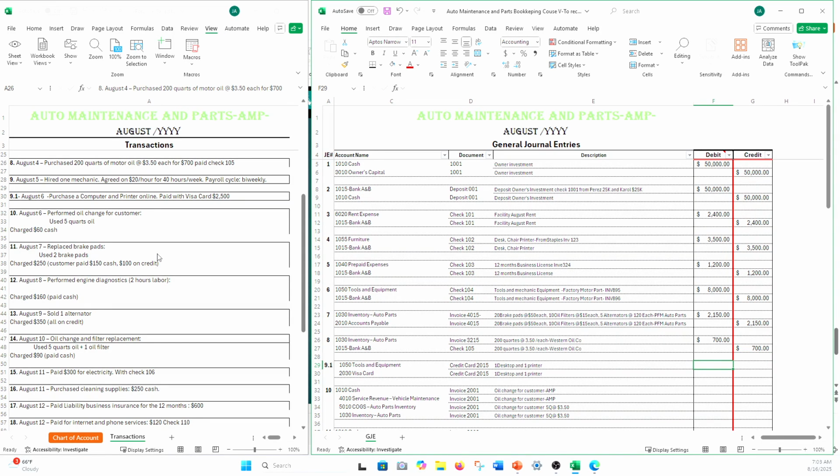So let's move to 9. It says that on August 5th, the company hired one mechanic and agreed to pay $20 per hour, and the mechanic is going to be full-time because he's going to work 40 hours per week, and the type of payroll is bi-weekly.